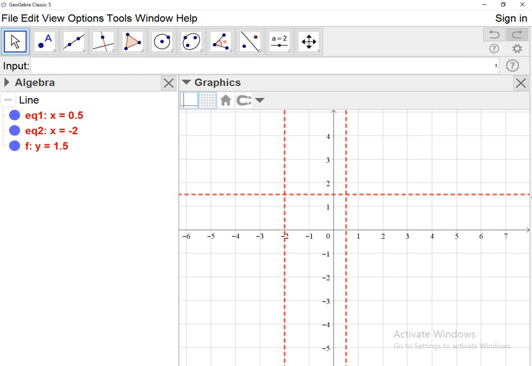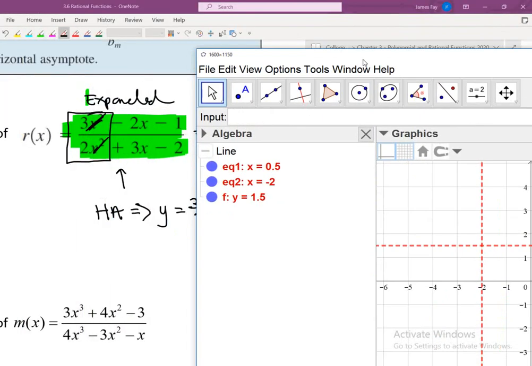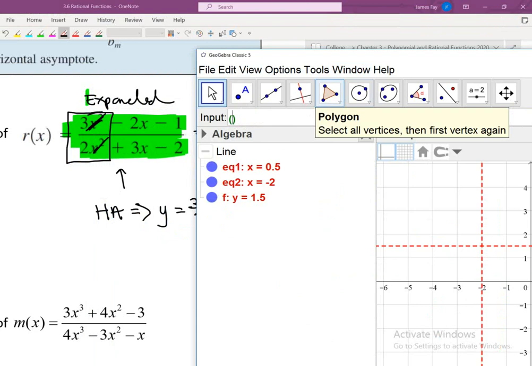Now, we're going to have the ability to find some of these points very easily, but basically what we're going to try to do is determine, if I have a value like -3 as my x value, and I take my function, 3x squared minus 2x minus 1 divided by 2x squared plus 3x minus 2.